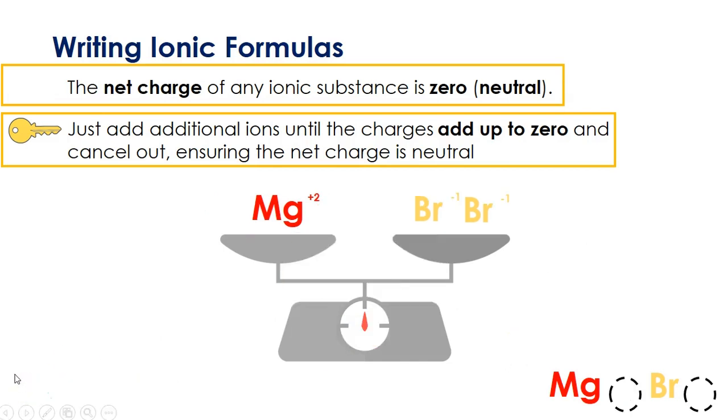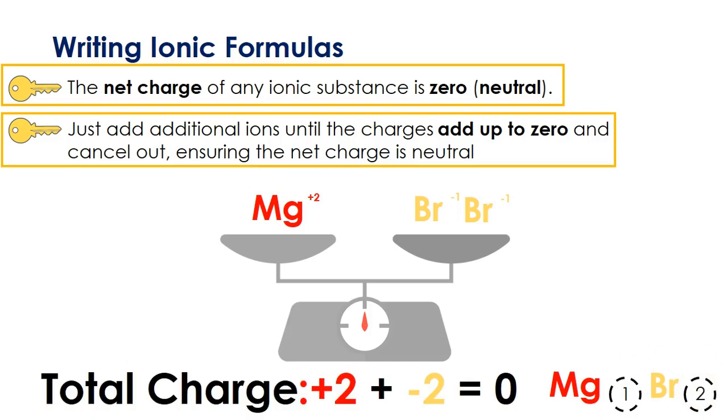So instead of adding more magnesiums, let's see what happens if we add more bromines. You can see in this example, we have 1 magnesium and 2 bromines now. We want to see if the net charge equals 0.